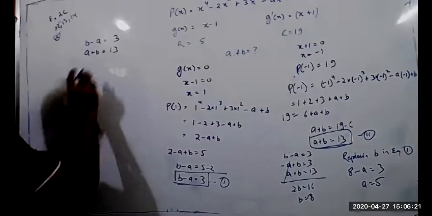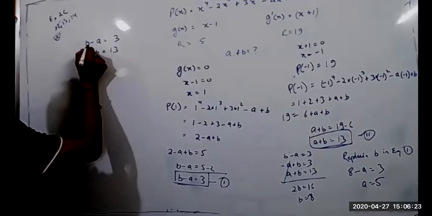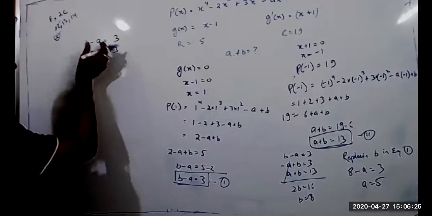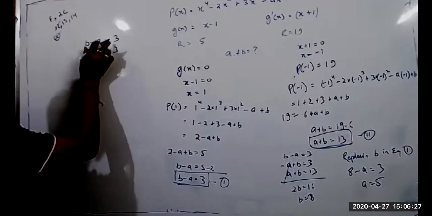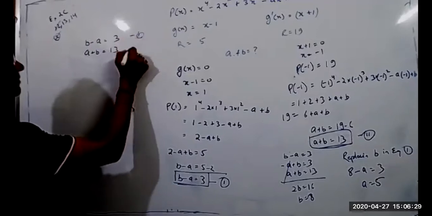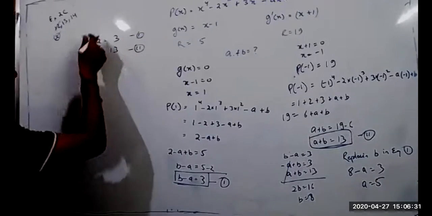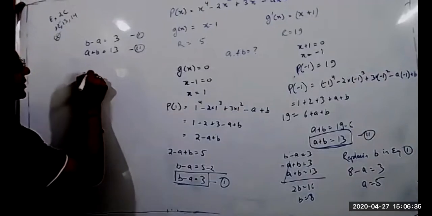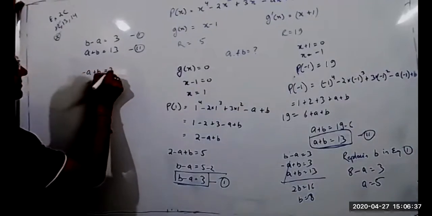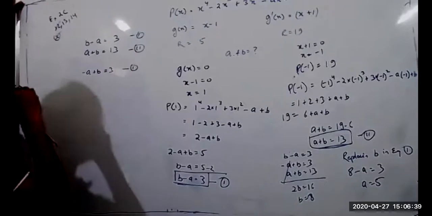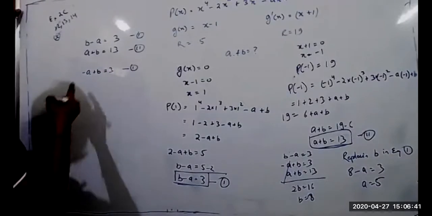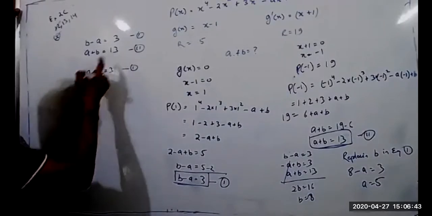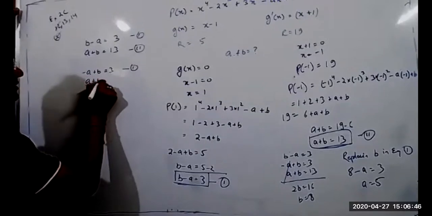Yes, sir. Now, here we are adding both. I'm just rearranging equation 1 so that it is clear to you. We can do it here also, but for your clarity, I'm writing the equation like this. Is it clear how I wrote it? Yes, sir. And equation 2, a plus b equals 13.